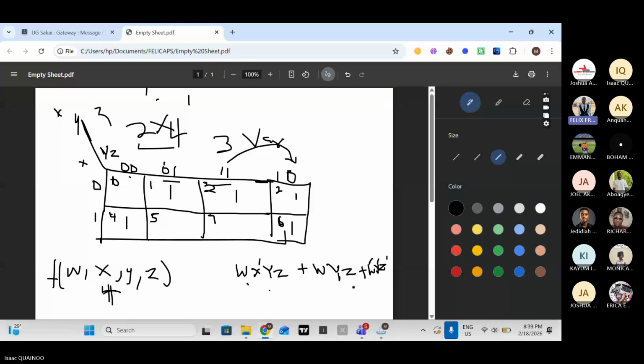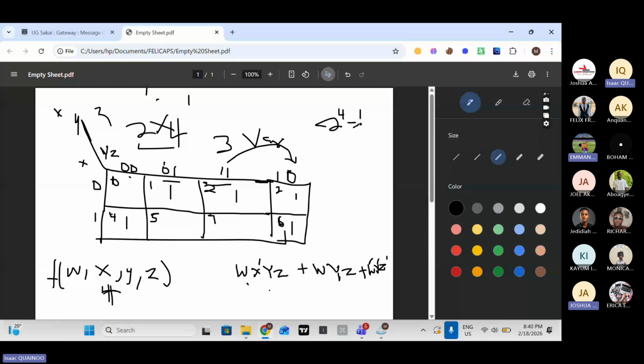2 raised to the power 4. All right. So we have 2 raised to the power 4, right? And 2 raised to the power 4 is what? That's 16, right? So we know we need a 16 cell K-map.